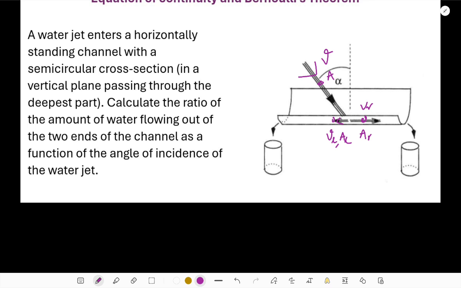I can always write it VA, velocity multiplied by the area of cross section. And our task here is to determine the relationship between the ratio, that is VL AL divided by VR AR, I'm just formulating the problem, in terms of the angle of incidence alpha.